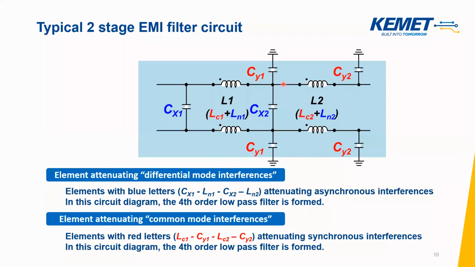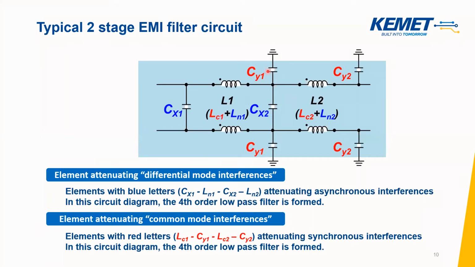So this is a typical two-stage EMI filter circuit. An X capacitor is typically connected between two lines, or line and neutral, because synchronous noise usually occurs between a line and ground. Let's say there is a disturbance which is conducted through your main ground or through your main chassis into all your line and neutral signals.